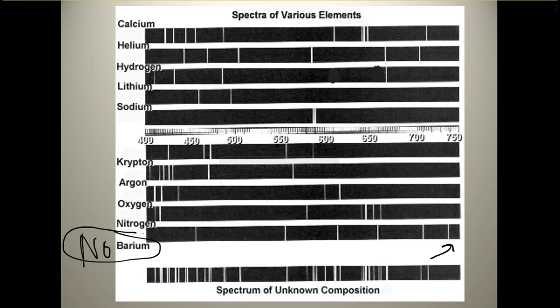This one is not found in the mixture, so as a result, you would say there is no barium in that mixture. What would be there? If you look at the very top one, you would say that there is calcium. Every single line of calcium would be represented in that mixture, so yes, you would have calcium. There are other ones in there also, but that's just an example of one that's not there and one that is there.